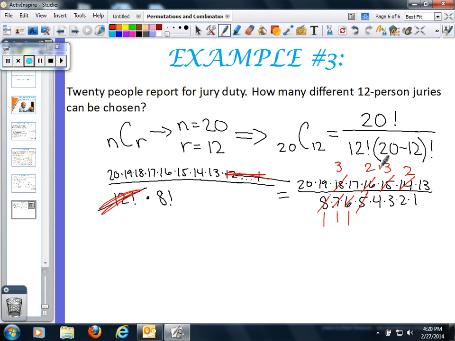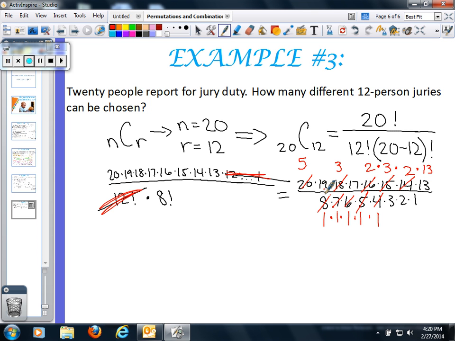This becomes a 3. And 5 becomes a 1. I have 4 and 20. 20 becomes 5, because 20 divided by 4 is 5. The 4 becomes a 1.